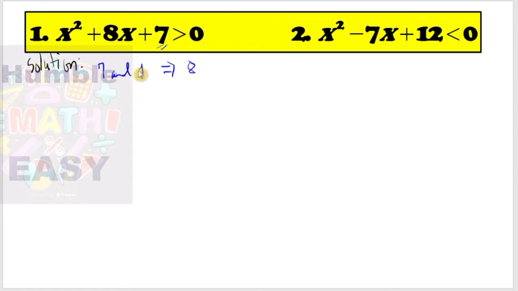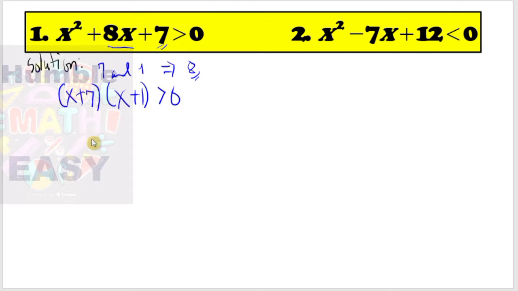So 7 times 1 is 7, that's correct. Then 7 plus 1 is 8, and the sum should be the same as the numerical coefficient of the linear term. So the factored form of this inequality is x plus 7 times x plus 1 is greater than 0.